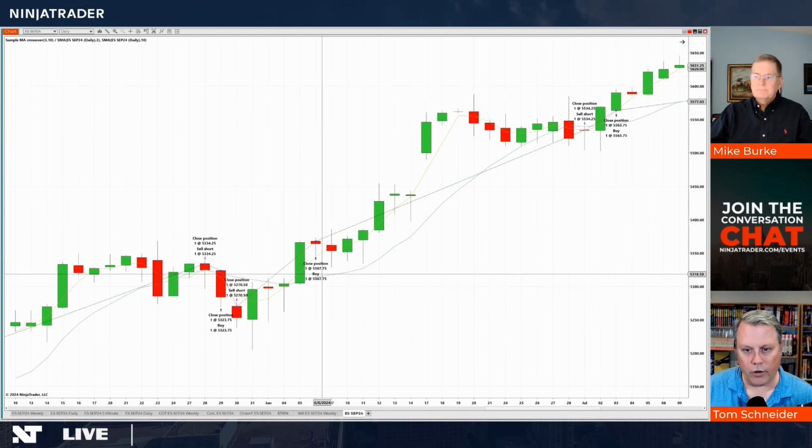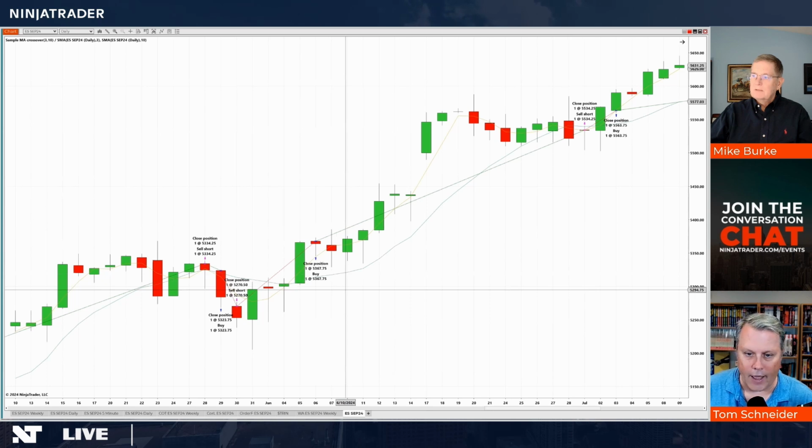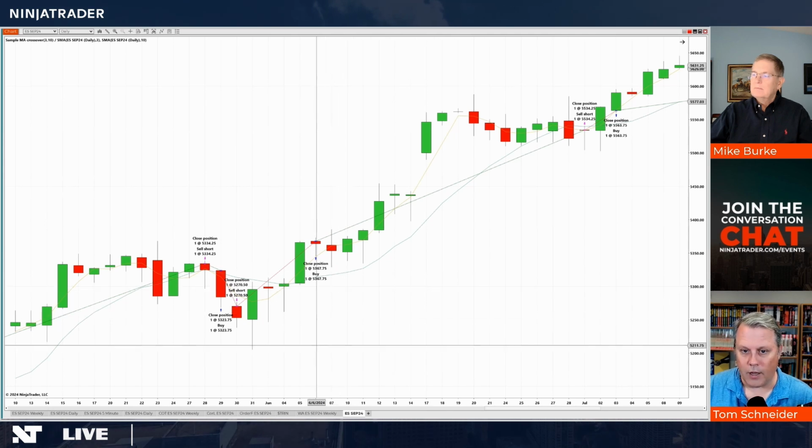You're getting out of one trade, closing that position, and then going into another trade, whatever direction the system will tell you. It'll either buy or sell, but it'll enact that trade at the same price as the close of the position. So it truly is a stop and reverse as it's set up right now.